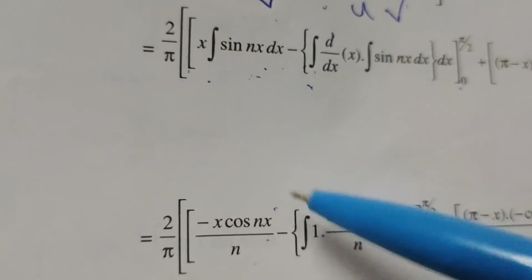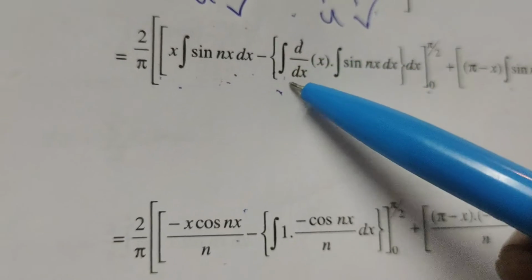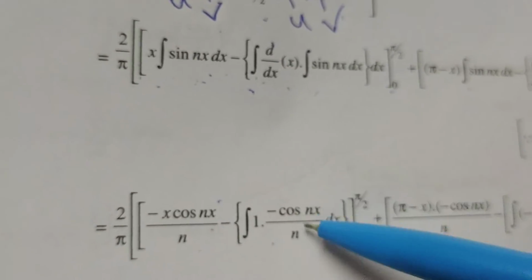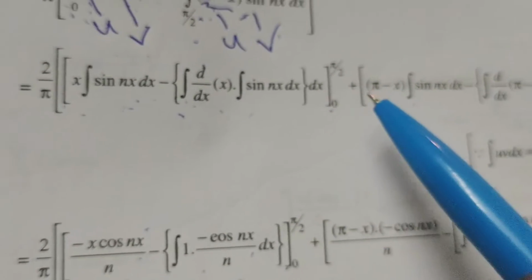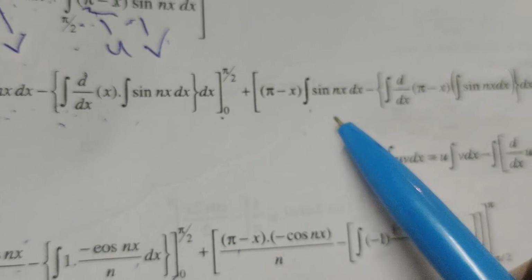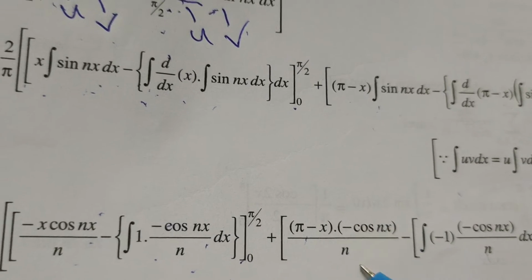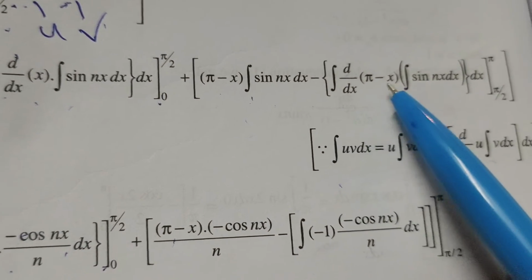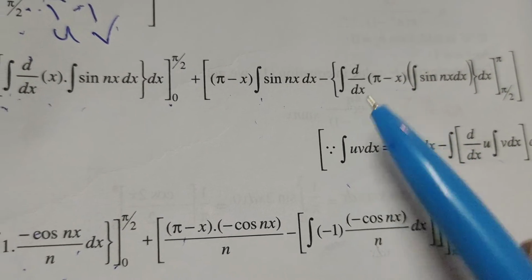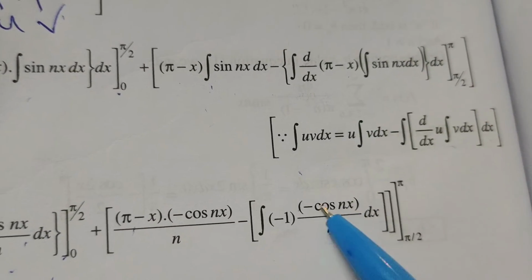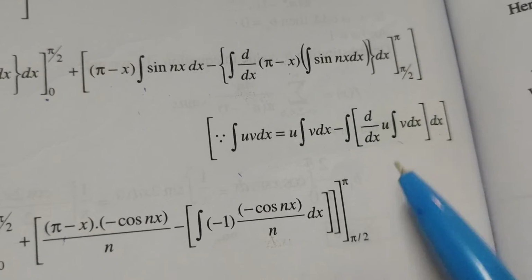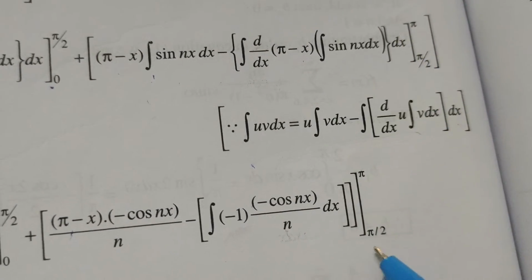Here write x times (−cos(nx)/n). Next, minus the integral of d/dx of x, that is 1, times (−cos(nx)/n) dx, from 0 to π/2. Next, plus (π − x) times (−cos(nx)/n), minus the integral of d/dx of (π − x), and the derivative of −x means −1, π being a constant. Again the integral of sin(nx) means −cos(nx)/n, times dx, from π/2 to π.